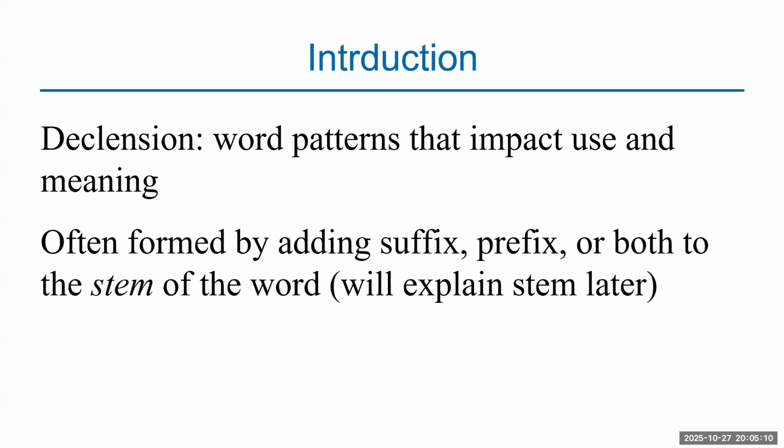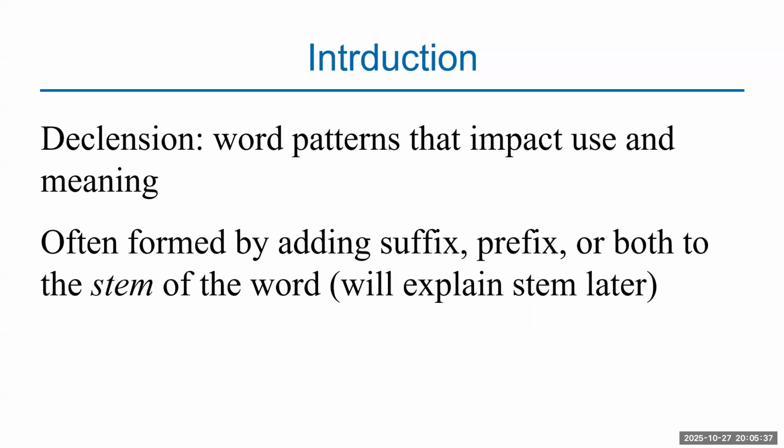Ball might be the direct object: I hit the ball. It might be an indirect object: I went to the ball. So in Greek, there are different endings on the word that will clue you into how to translate it in those terms. But the essential meaning of ball doesn't change.